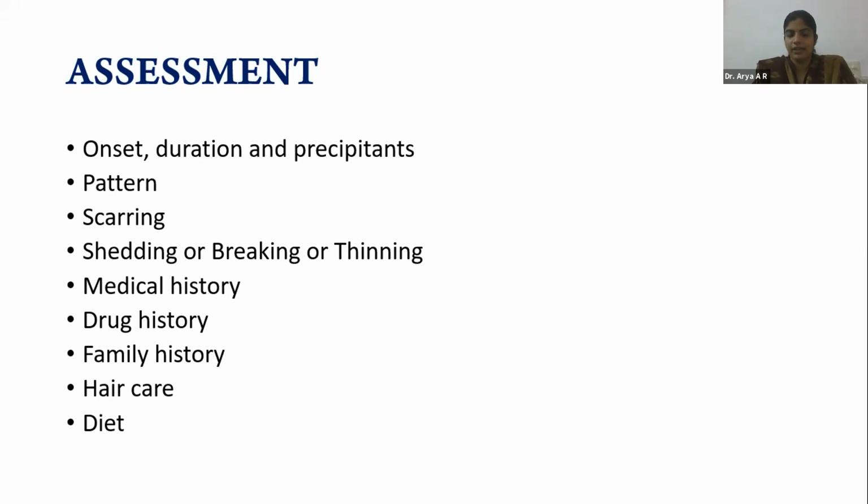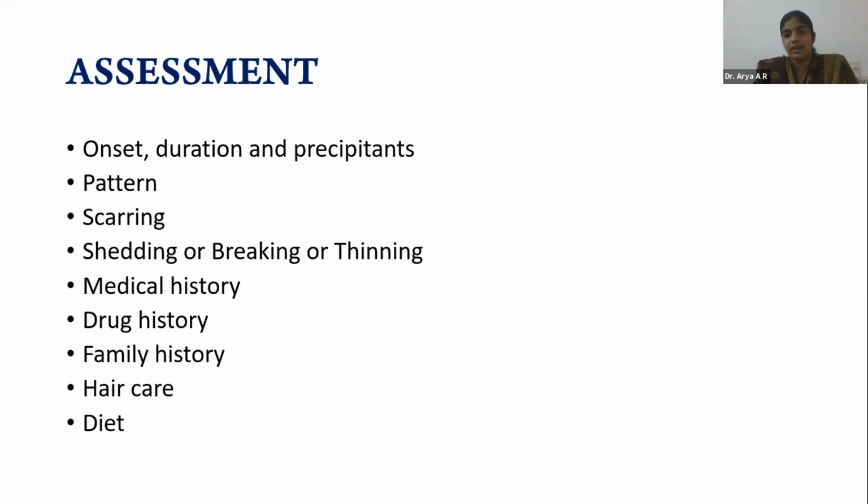That is called thinning. The next one is medical history, drug history, family history. I have told you earlier, these three are included in the causes of hair diseases. Medical history is what disease conditions they are having. Earlier I told you about arthritis, cancer, or other systemic diseases.